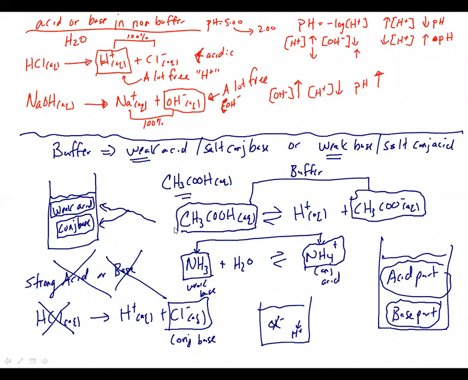So above here is what we have going on when we add an acid or base to just water, for example. That's not a buffer. We expect a pretty good jump in pH. So let's say, for example, we added an acid and base to this guy down here, this buffer. So take a look at that on this page.